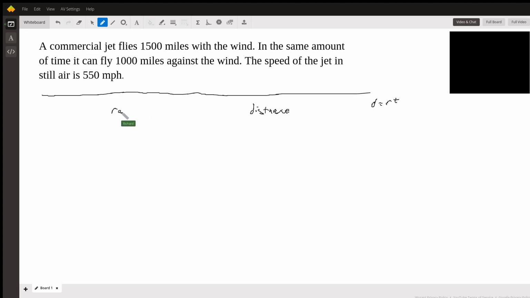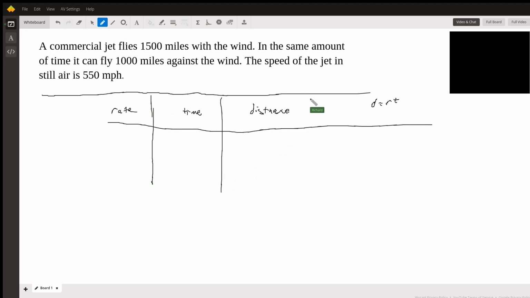And I'm going to put the rate here and the time here, and then I'm going to make a table out of this.